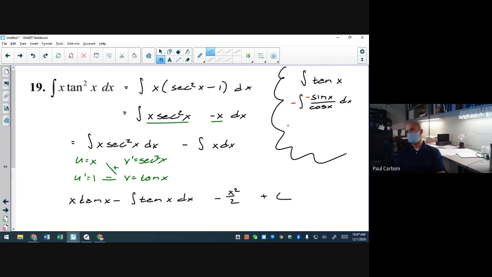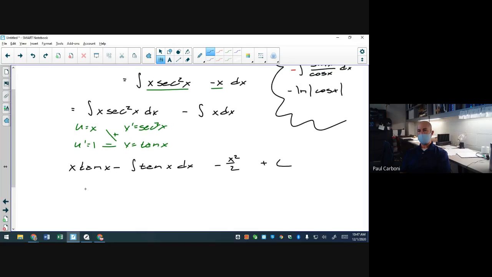So the antiderivative of tangent is negative natural log of cosine x plus c, but my plus c is already in this problem. So there we are. x tangent x plus natural log of cosine x minus x squared over 2 plus c.